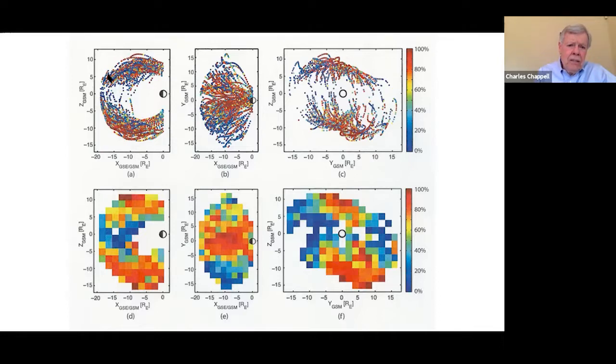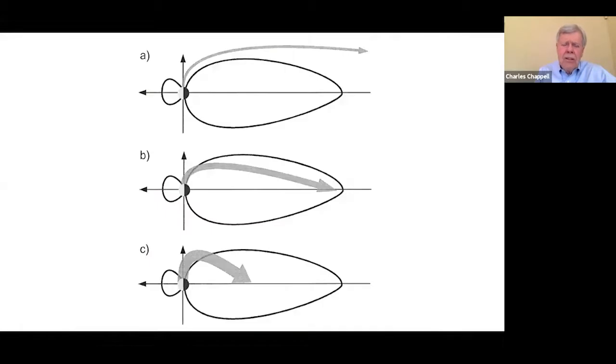And you can see a lot of red, yellow, showing that along those orbits, the lobe has polar wind flowing out. That's looking from the side. If you look down from the top, you see the red parts of orbits are in the center part of the tail. And if you look from behind the Earth toward the sun, you can see that the center part of the tail is where the flowing polar wind is. So it's there and it's important and it's filling the lobes almost all of the time.